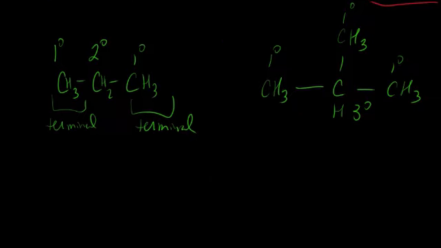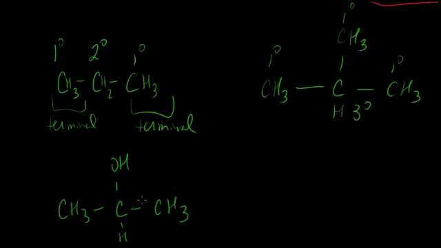We have examples here, but we don't have any functional groups. Well, let's put a functional group on. How about CH3, carbon there, an alcohol, and another CH3? So here we have a carbon with an alcohol group on it. Remember, this is the alcohol right here, and it's off this carbon.